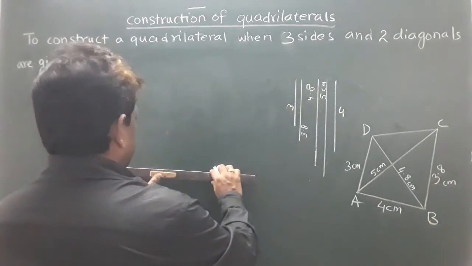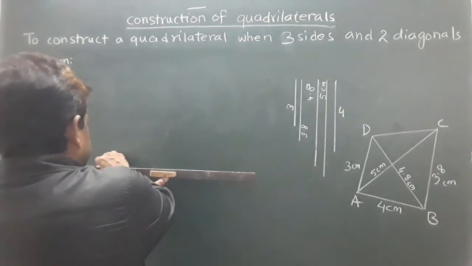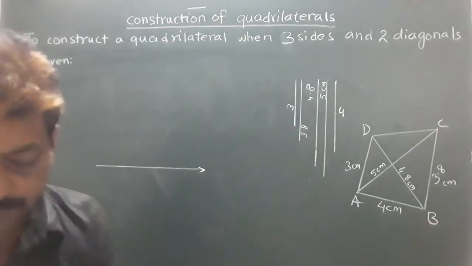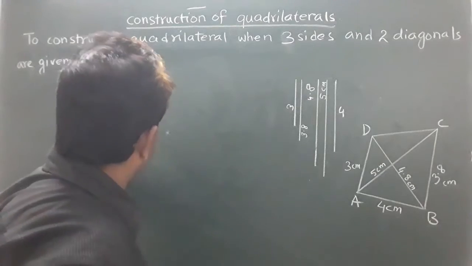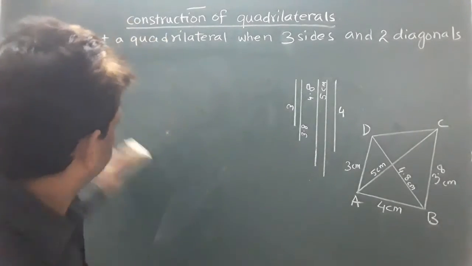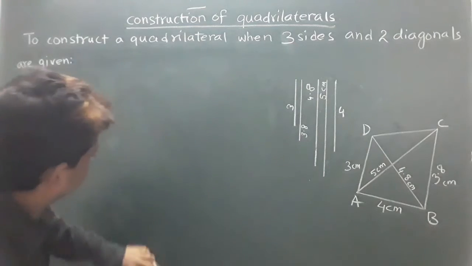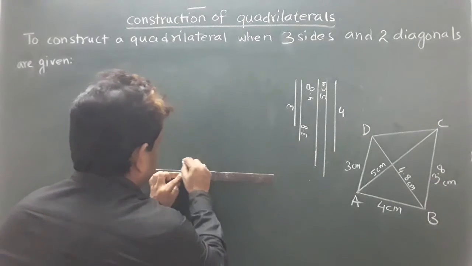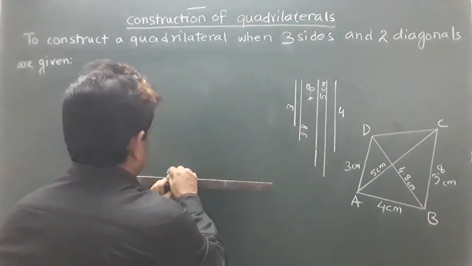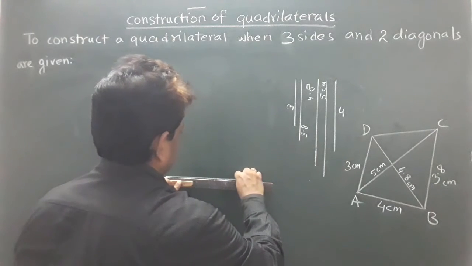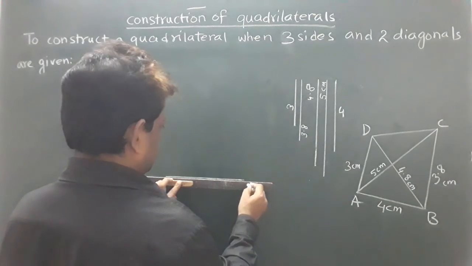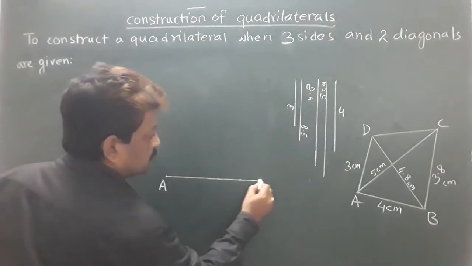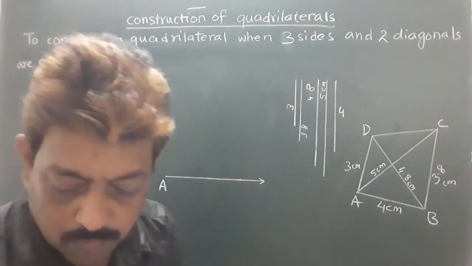So after drawing the sides over here with accurate measurement, first I will start drawing AB. AB equals 4 cm. So draw one horizontal line, a little bit bigger. This is A and B is not known.